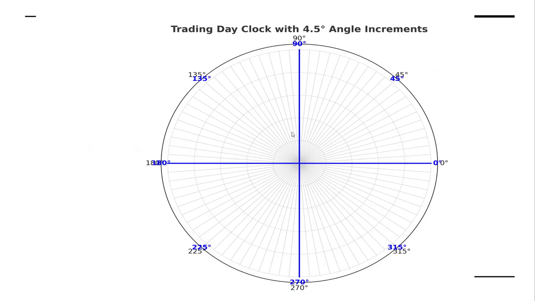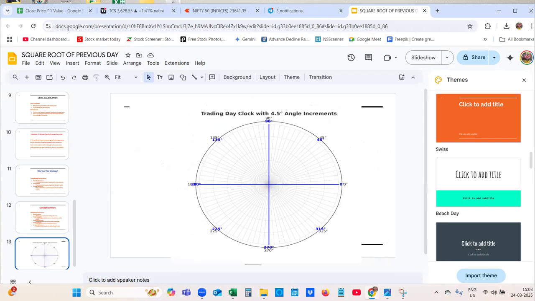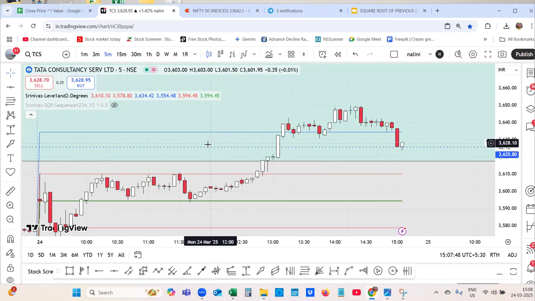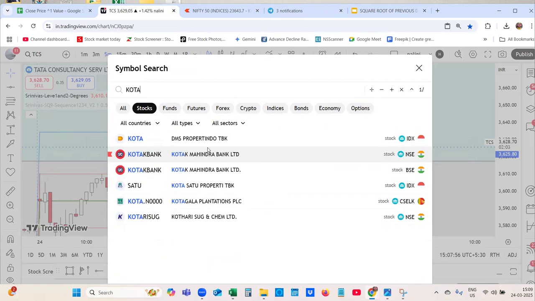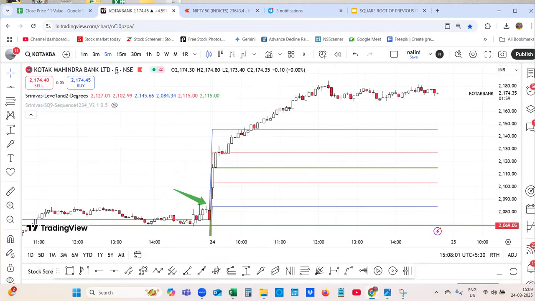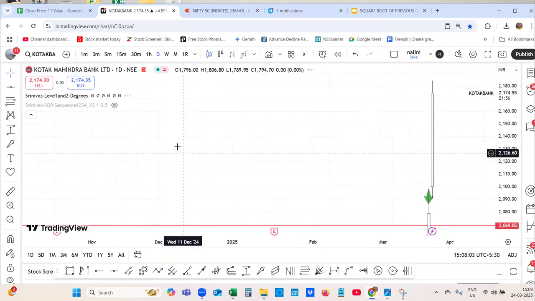Let me go back to the chart and show you the stocks which came under radar today and how they have worked. Kotak Bank had come in the screener. Let me go to the first one today.